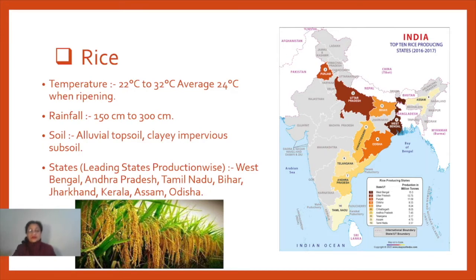These occupy a major part of our normal meals, the reason being they are easy to grow, and number two, they have nutritional value. They cover a major part of the normal meals of the people in India.